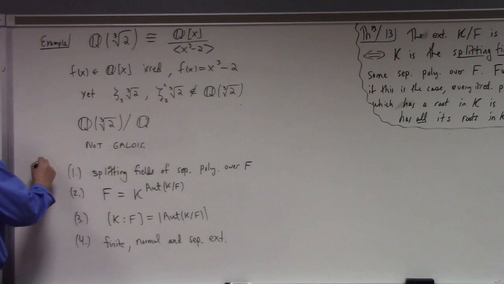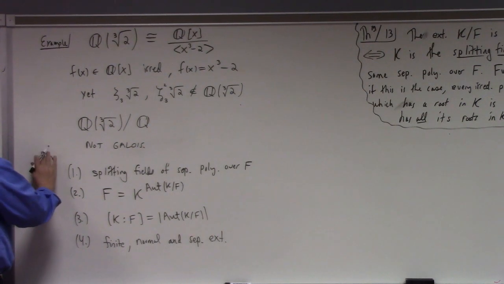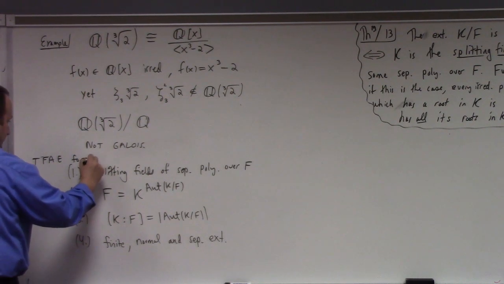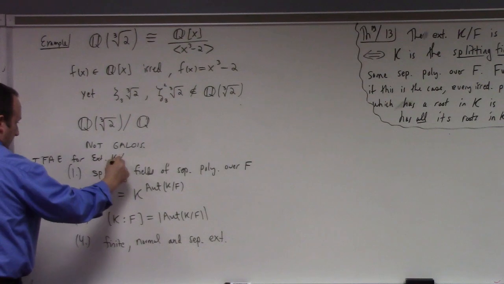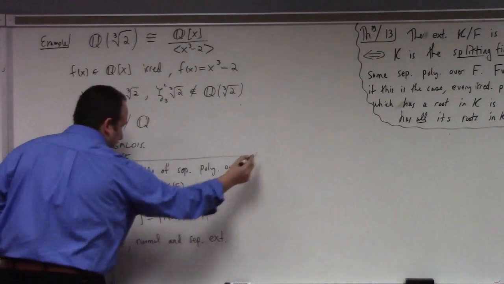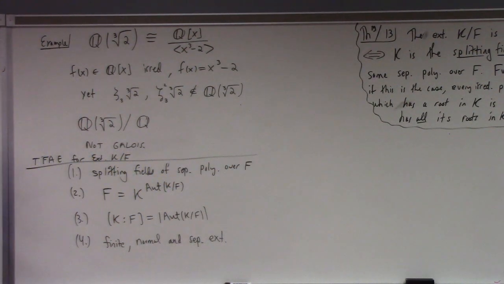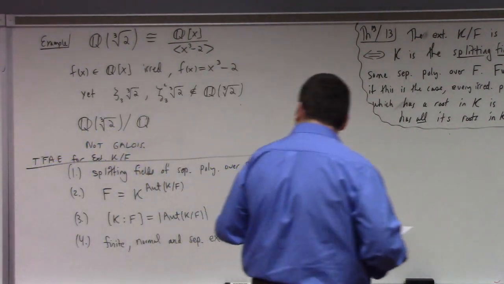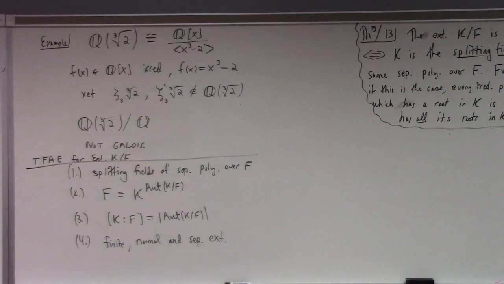So the following are equivalent for an extension K over F. So when we're looking for a Galois extension, we're looking for a splitting field. For the last time, that's something that passes all of those things. Finite's not enough. My example above is finite, but certainly not Galois.